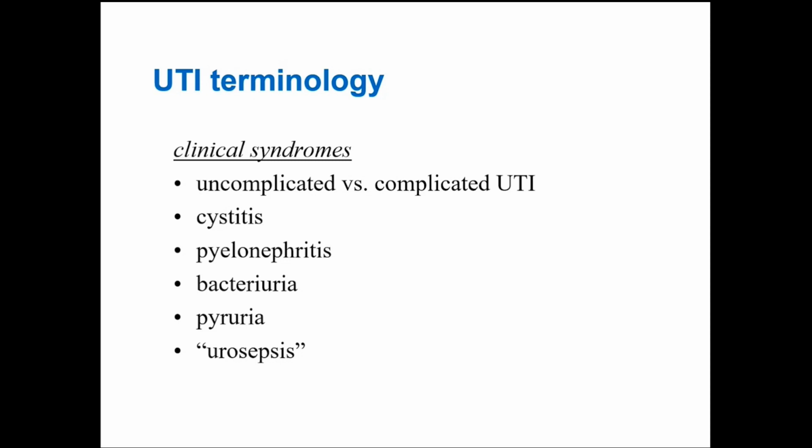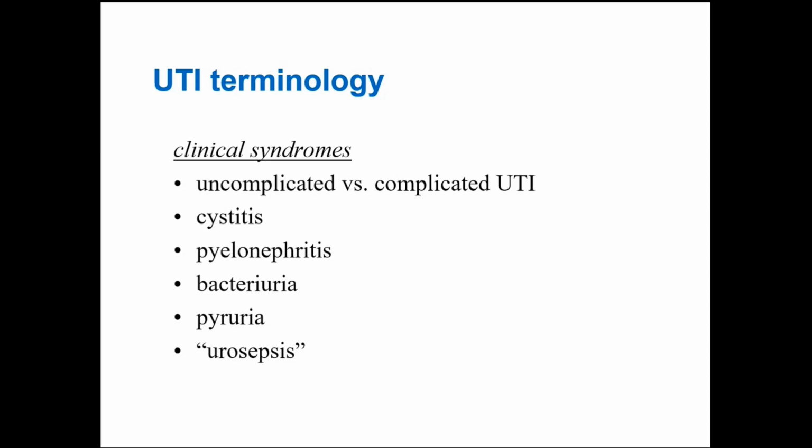Complicated UTIs are just about everything else. People with instrumented urinary tracts or surgically altered urinary tracts. Any man with a UTI is regarded as complicated, or something like the presence of diabetes makes a UTI complicated.